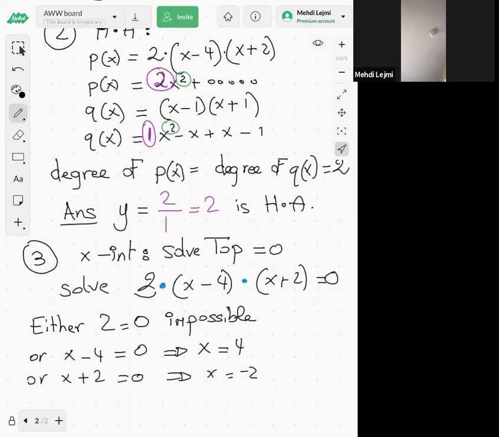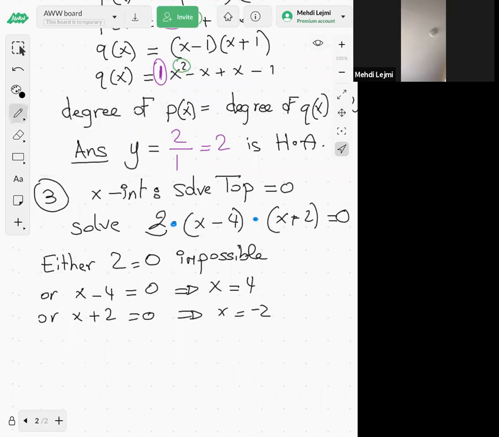So the x-intercepts are 4 and negative 2, right?